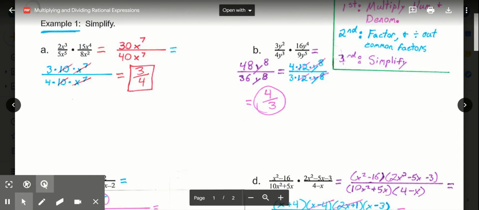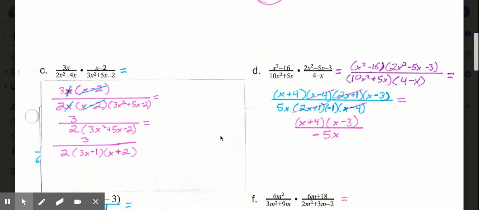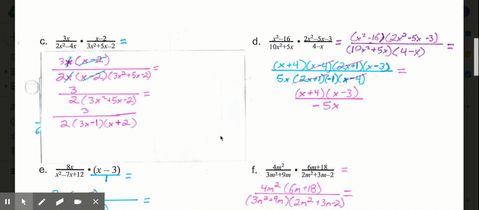All right, moving down to C and D here. In C, we have 3x times x minus 2 on top, and on bottom, 2x squared minus 4x times 3x squared plus 5x minus 2. So here's what I did first.